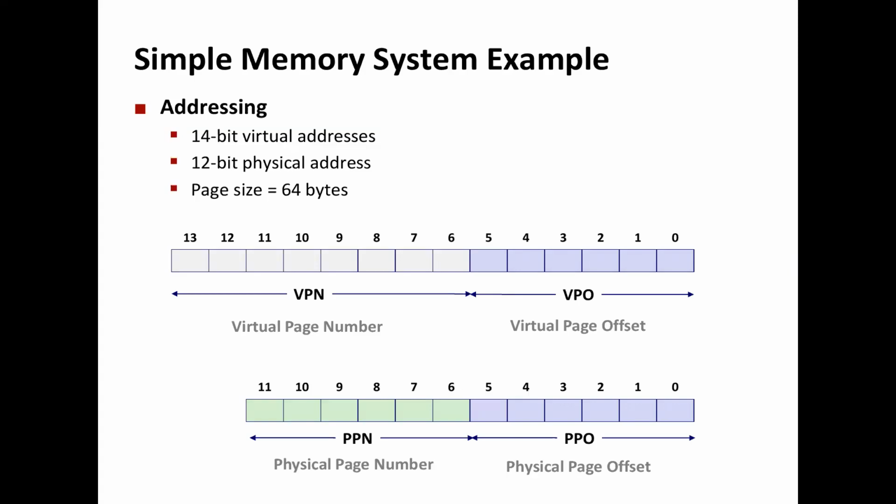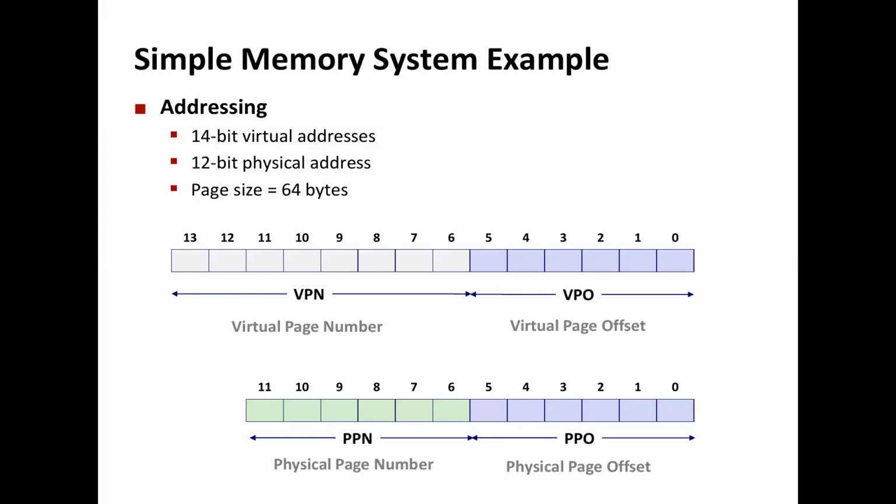So 64 bytes is a little too small for a real system, but for the purpose of this example that will be fine, and it's still a power of 2. For 64 bytes, how many bits do we need for the offset? We need 6 bits, since 2 to the power of 6 is 64. Now for the virtual page number: we have 14-bit virtual addresses and a 6-bit page offset.